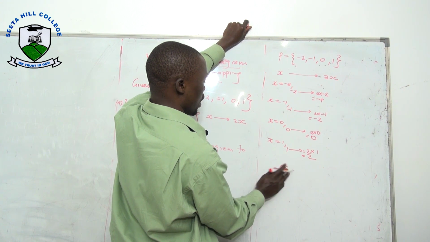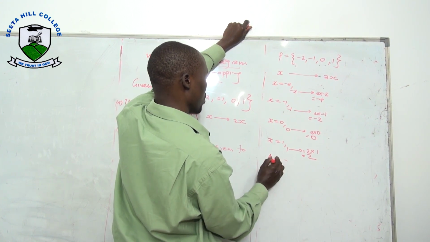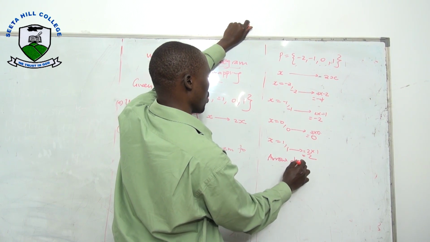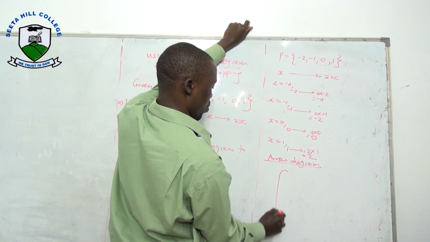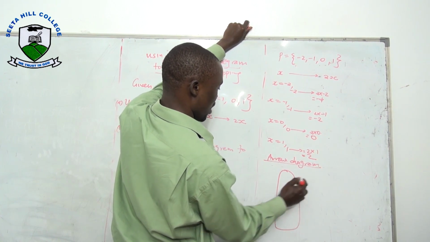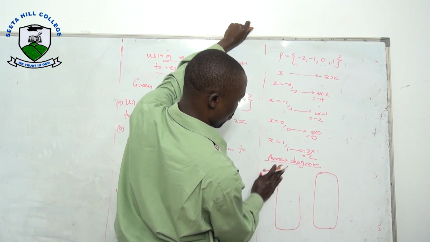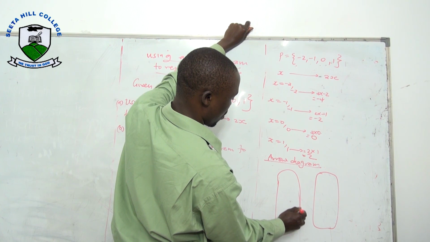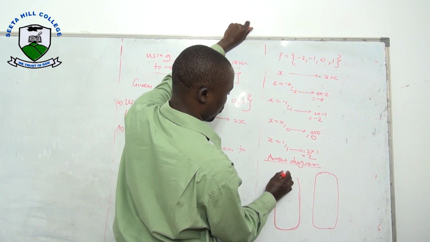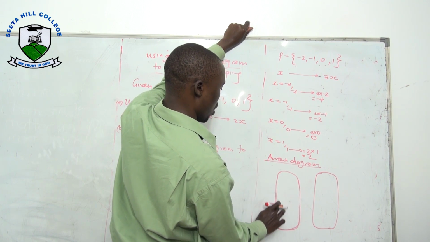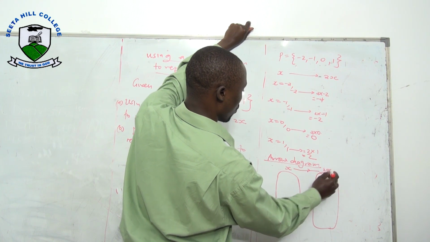Now look, our arrow diagram can be drawn in two ways. We can have one set here, and then draw uniform figures. X gave us 2x, not so?